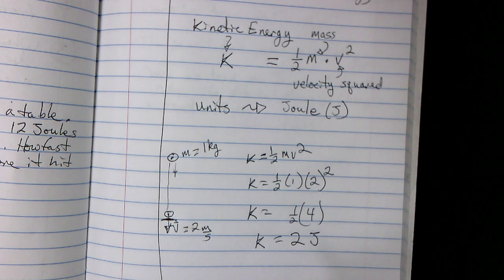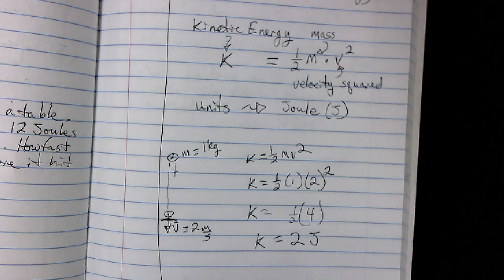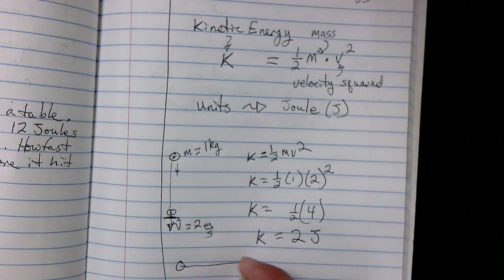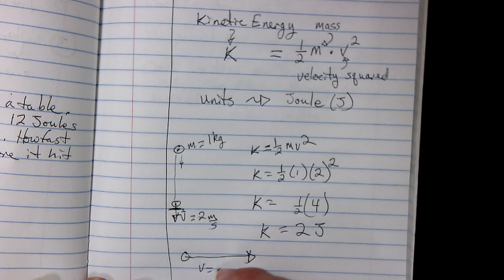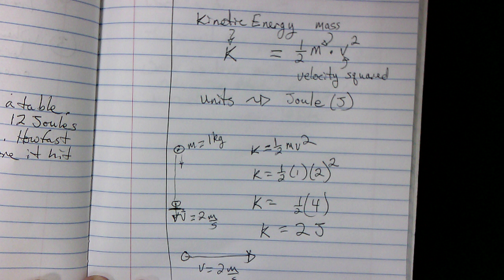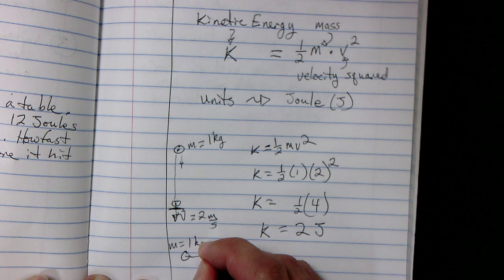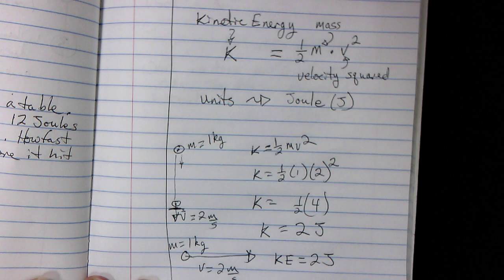Now, with potential energy, we've been talking about an object being lifted. If this were an object going from side to side, if its velocity was 2 meters per second and its mass was 1 kilogram, the kinetic energy would still be 2 joules.